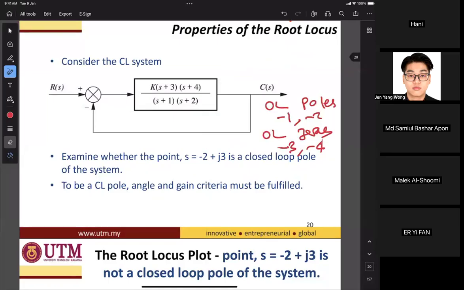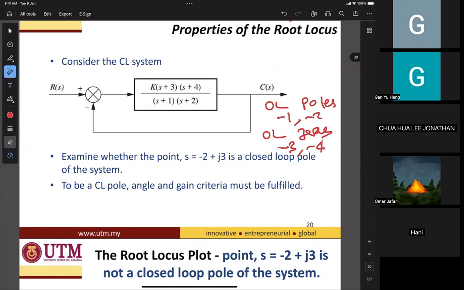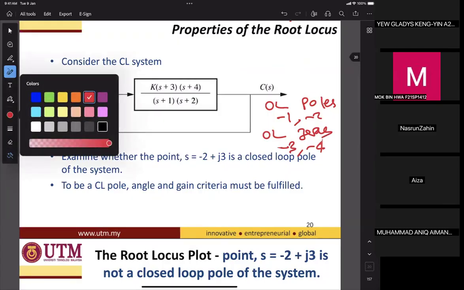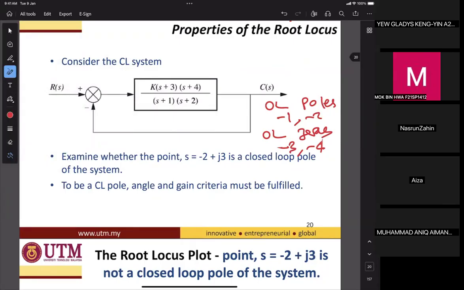Not present, did not come. Nasrul, how to plot? By using MATLAB. s equal to tf.